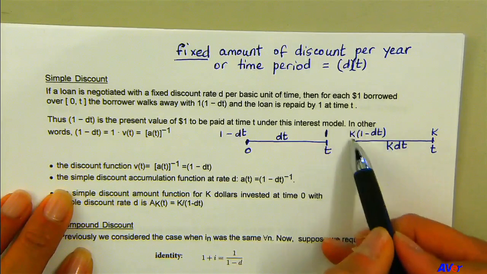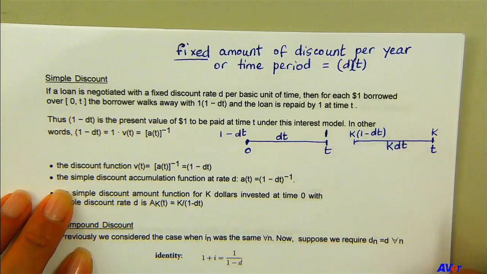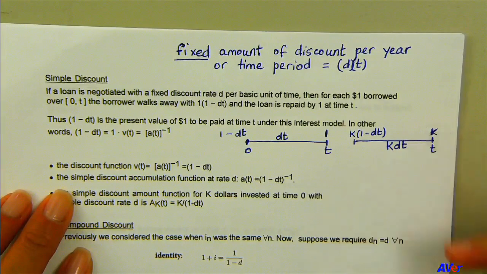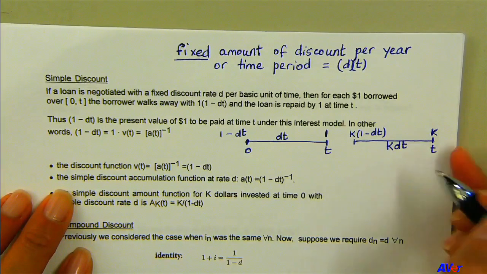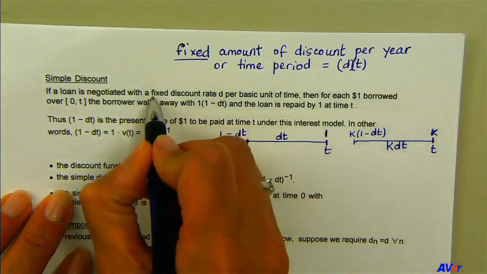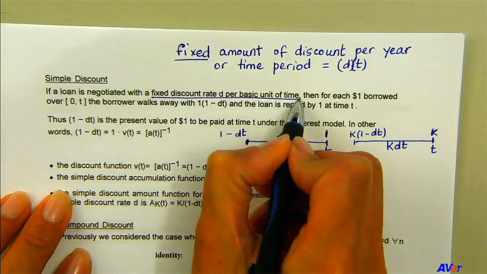So you can see that this is k minus kdt, and the charge would have been kdt. So this is when you're borrowing k dollars. Notice that I put the k dollars at time t. So this right here is important. It's a fixed discount rate d per basic unit of time.